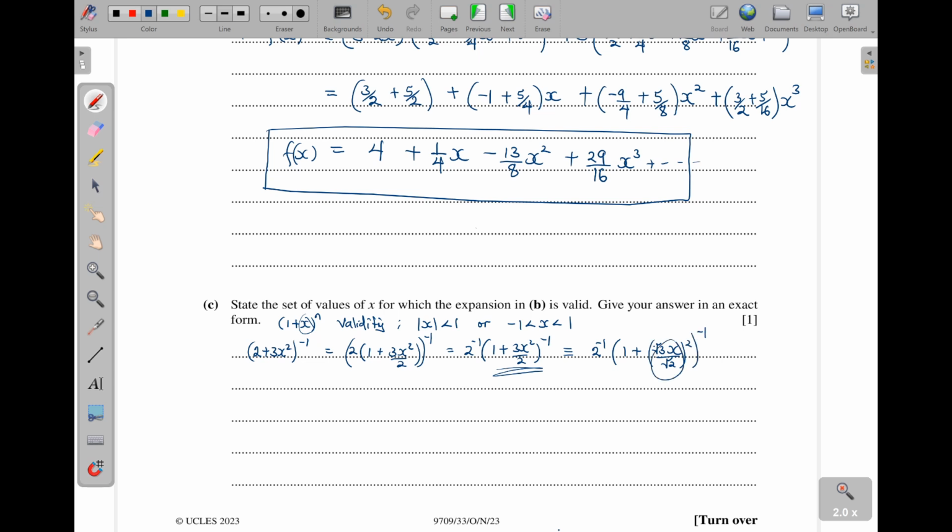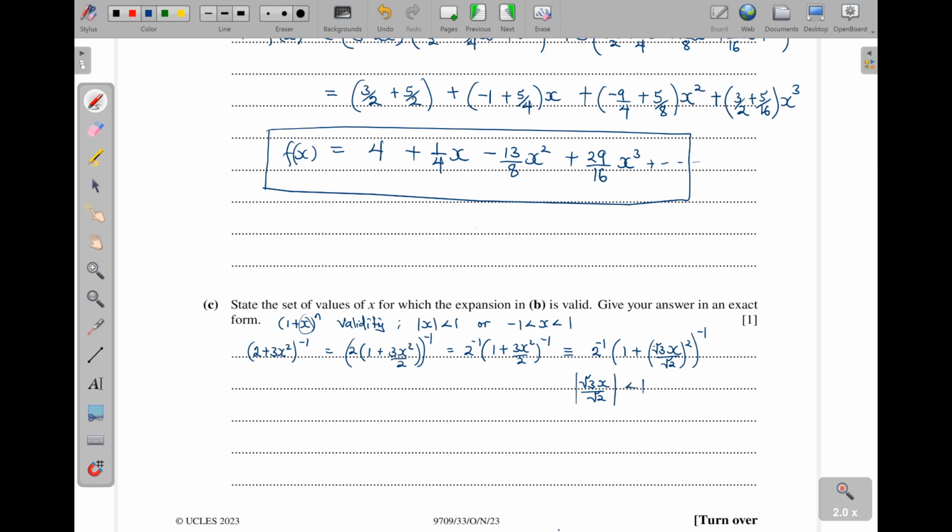Then I need this part here for x. So its validity here is the one that I'm going to put in this modulus here. So I'm going to have root of 3, then x over root of 2 in the modulus. Then this one is less than 1.